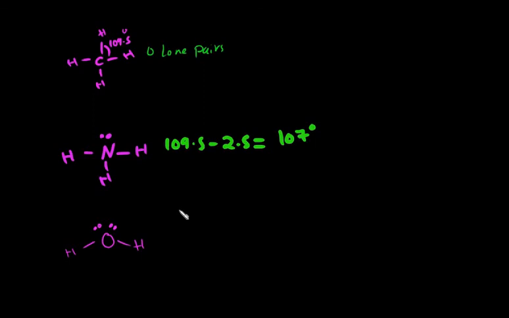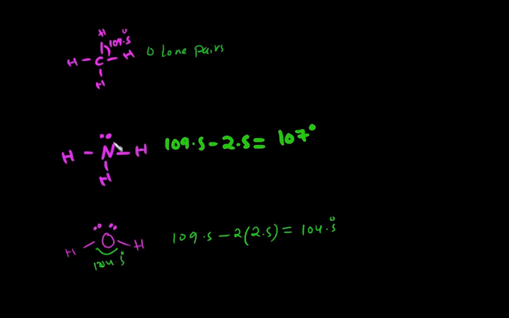And as I said before, 1 lone pair will reduce the angle by about 2.5 degrees. So 109.5 degrees minus 2 times 2.5 will be 104.5 degrees.